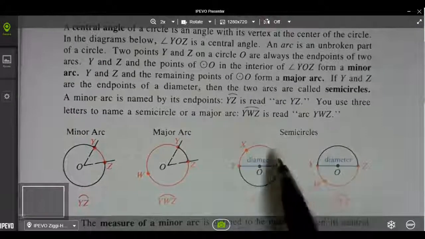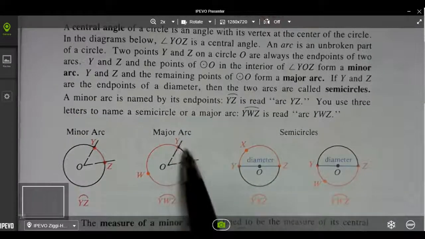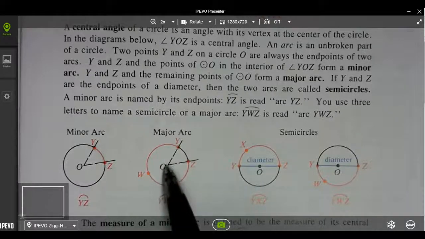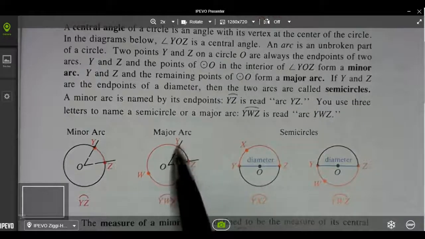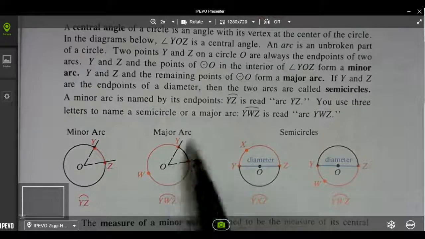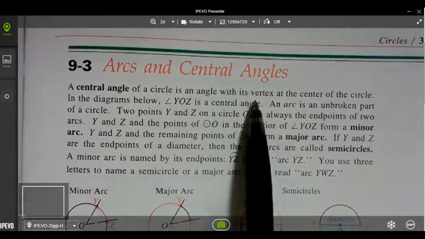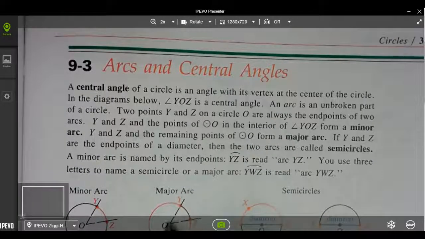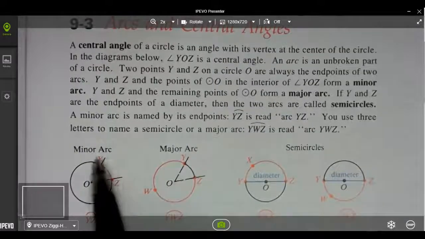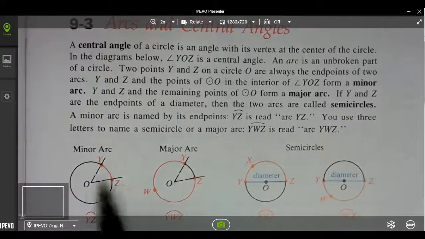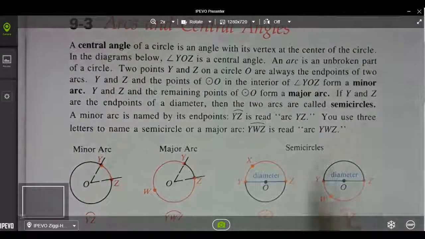And arcs, they make an angle. When you have an angle from the center of the circle, it is called a central angle. So central angles are angles with the vertex at the center of the circle. So YOZ is a central angle.